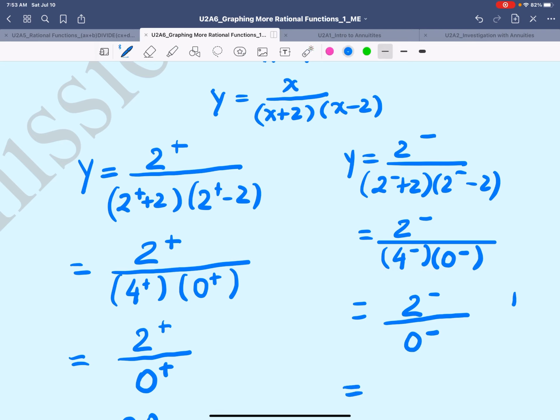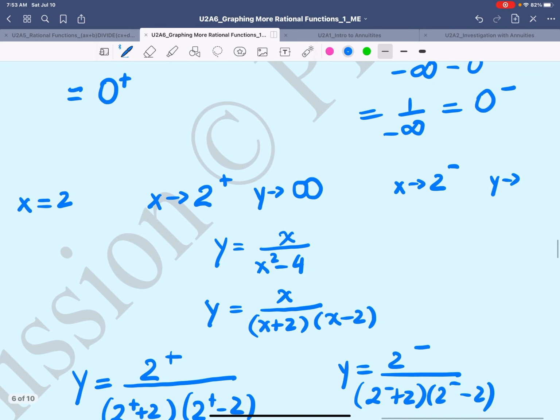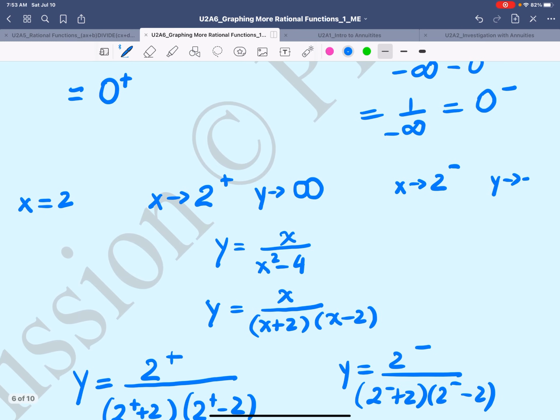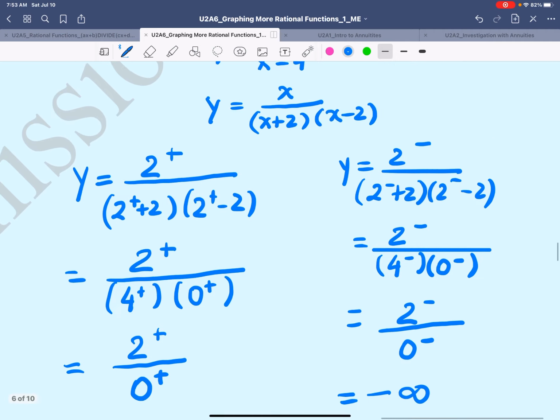So we have a positive number divided by a 0 minus, or to get a better idea of what's happening here, 1.99999 divided by negative 0.00001. That will give negative infinity. So as x approaches 2 from the left-hand side, the y values approach negative infinity.